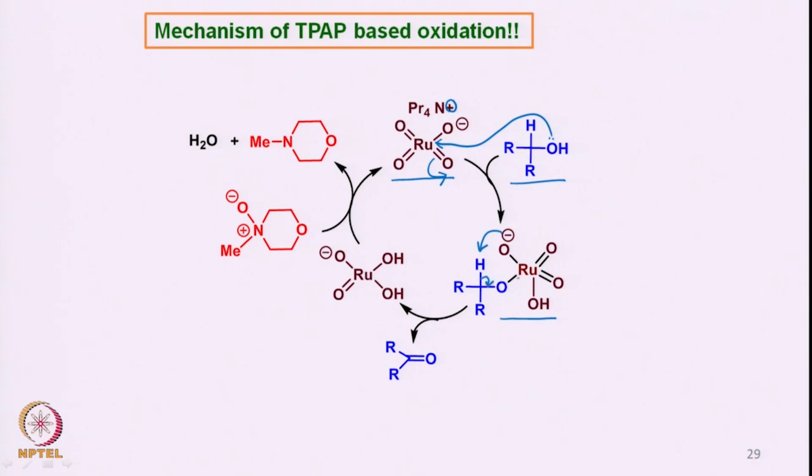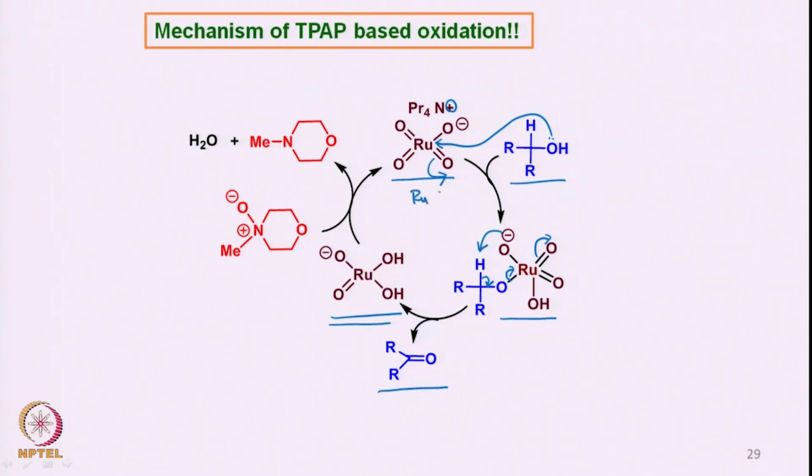This allows the oxidation to take place in this fashion, and one can generate the corresponding ketone and the ruthenium species, which is lower valent compared to the starting ruthenium, which is ruthenium 7.